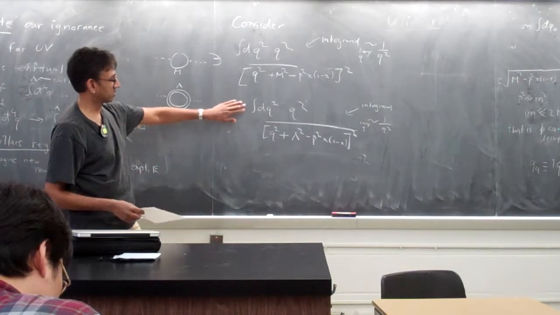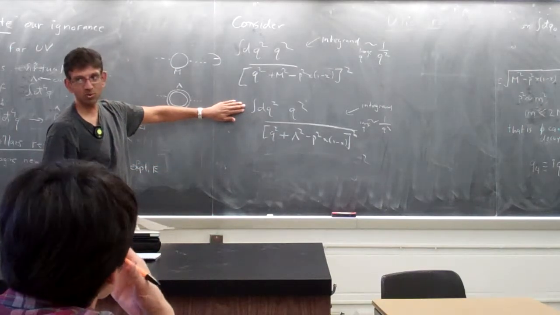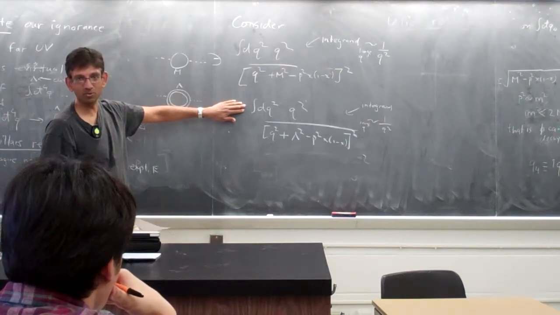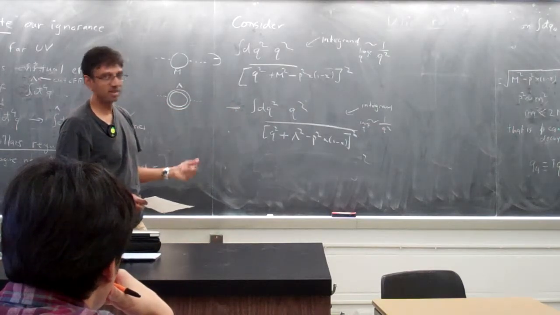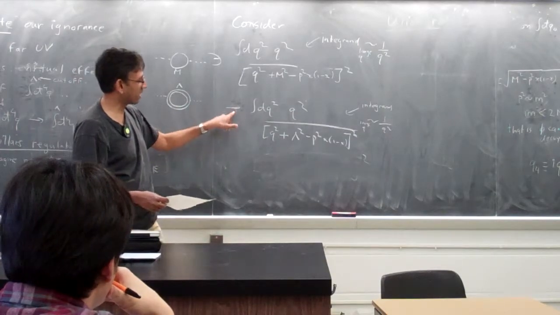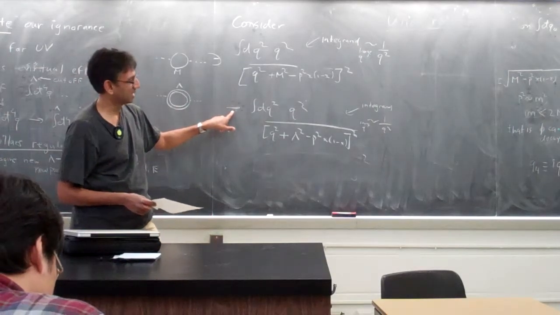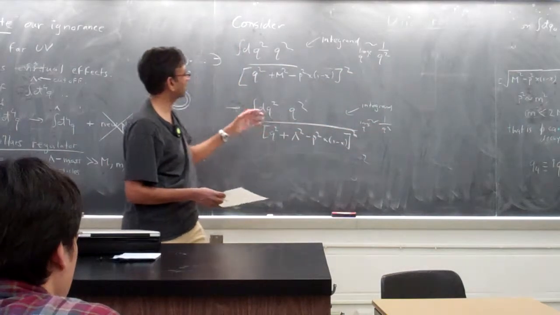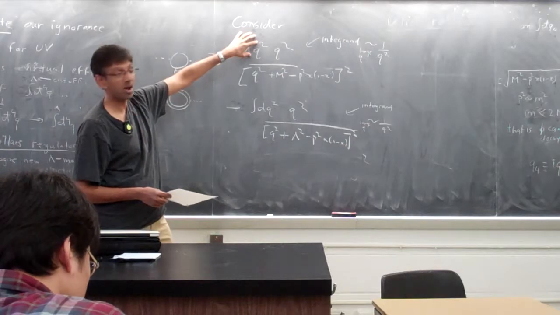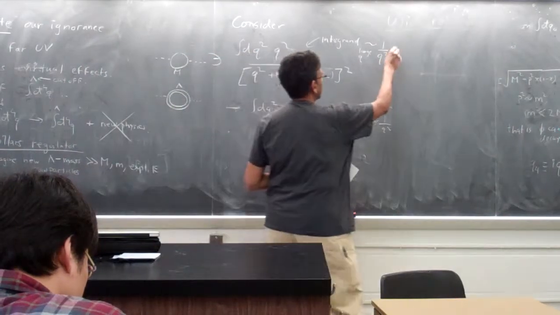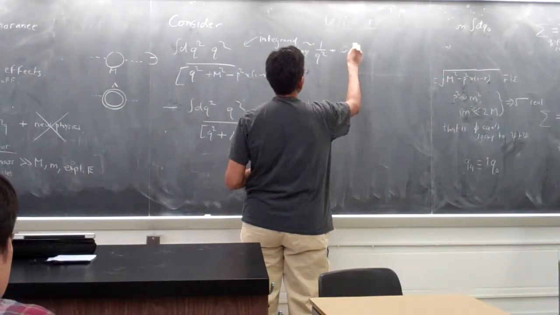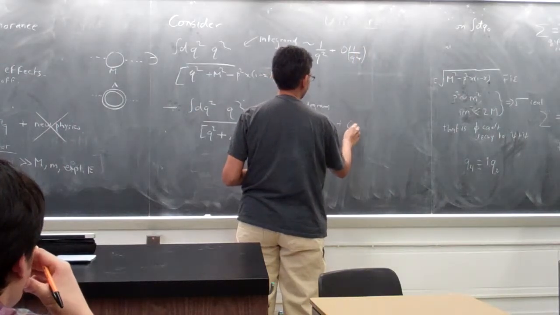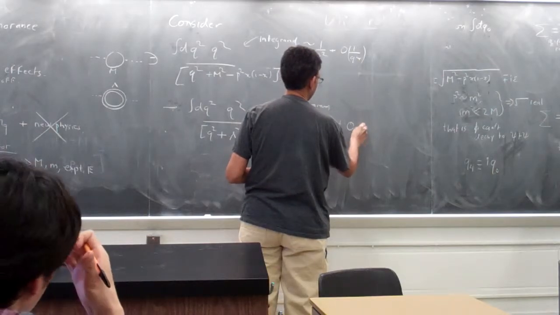But with the plus sign, it would just be twice as bad, because you're doing an integral dq squared over q squared. But with that minus sign, the leading thing cancels. If I have a minus sign here, then this 1 over q squared and this 1 over q squared cancel, and then I can do the integral. Why? Because the next term here is order 1 over q to the 4th. This is some other order 1 over q to the 4th.